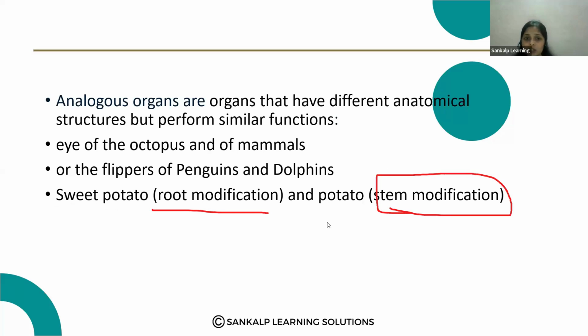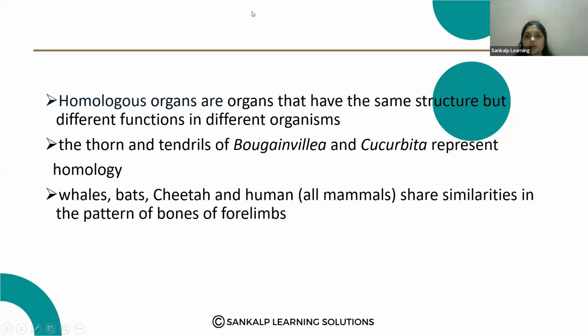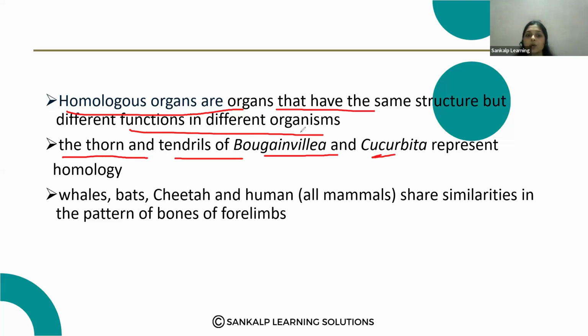The next question: what are homologous organs? Give examples. Homologous organs have similar anatomy, but they perform different functions. For example, the thorns and tendrils of Bougainvillea and Cucurbita. Bougainvillea thorns are used for protection, and Cucurbita tendrils are used as support.